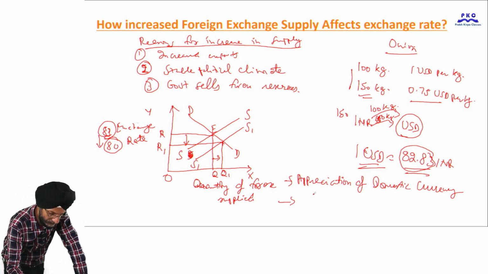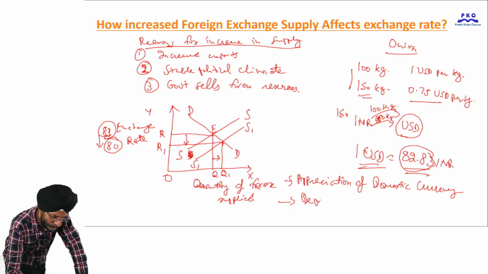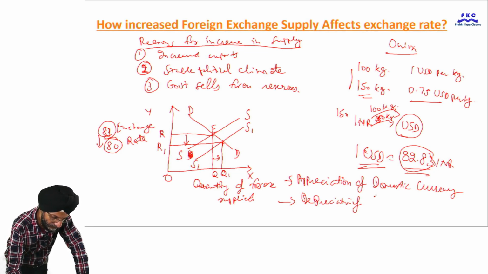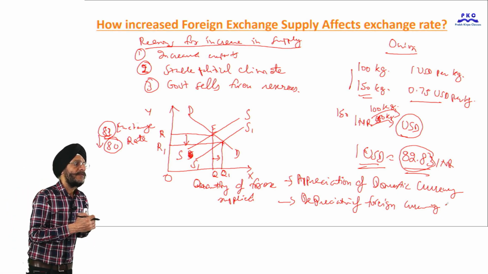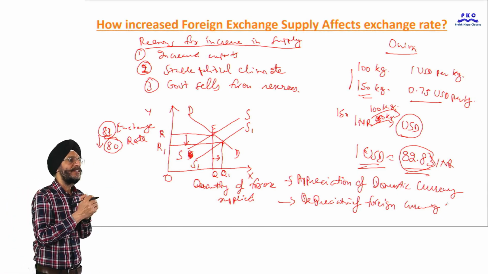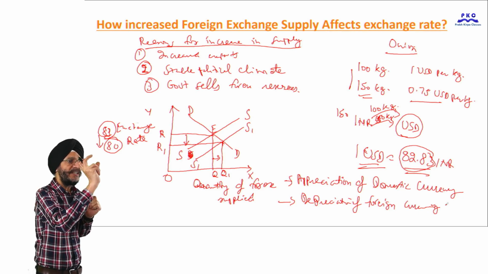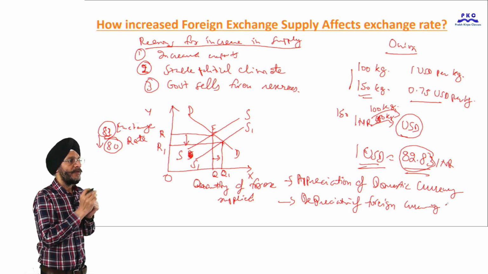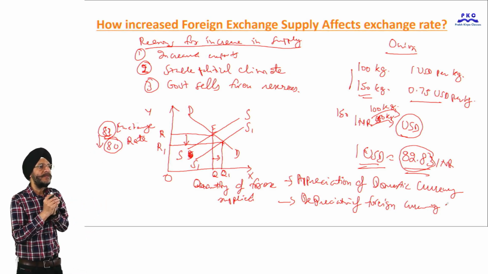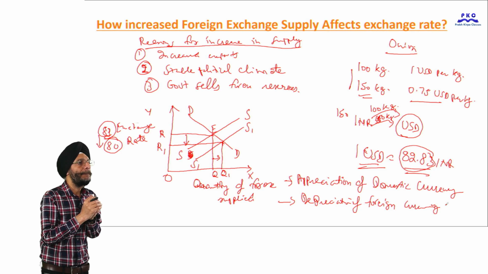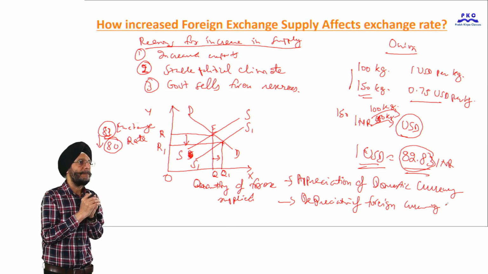It also means depreciation of foreign currency. How is it depreciation of foreign currency? Earlier, the residents of USA were getting 83 rupees for $1, but now they are getting only 80 rupees.